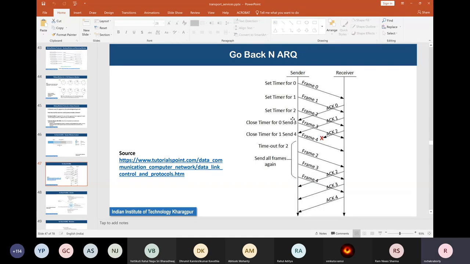Let's see what happens. First, it sends frame 0 and starts the timer immediately. Then it sends frame 1, starts the timer. Then it sends frame 2 and starts the timer. Now, it wouldn't have sent frame 3 immediately.